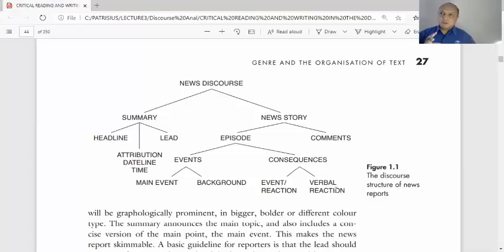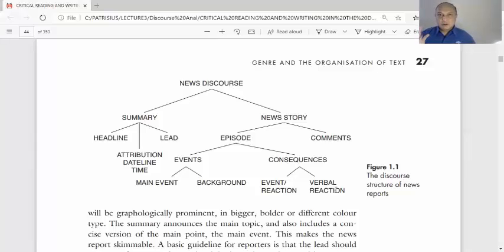The chief police said this was because of reckless driving. Now that is the comment. That is the comment from the chief police. And that's a remark, an utterance made by someone in response to the main event.